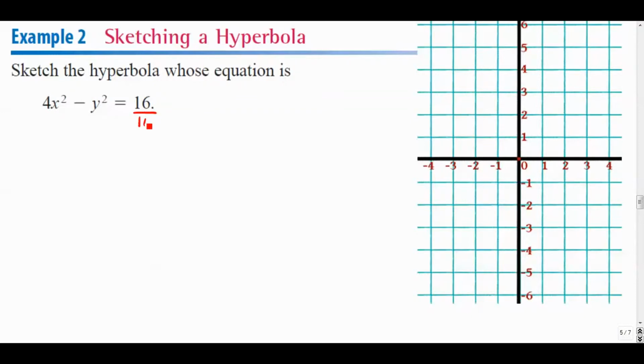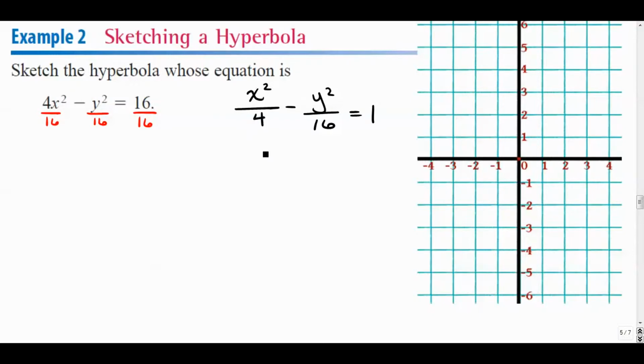So let's divide everything by that number, and we did this for the ellipse as well. So that's x squared over 4 minus y squared over 16 equals 1.